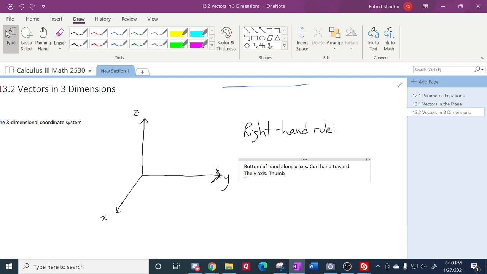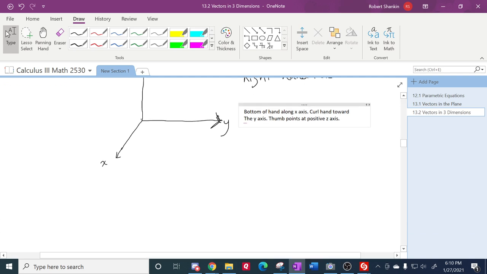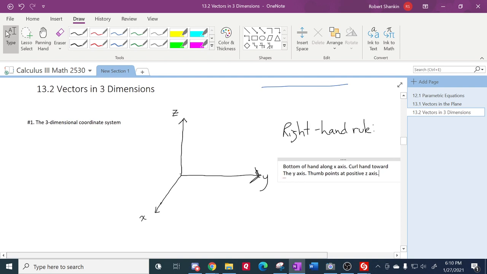Thumb points at positive z-axis. Okay. So the right-hand rule is important for us to get oriented.